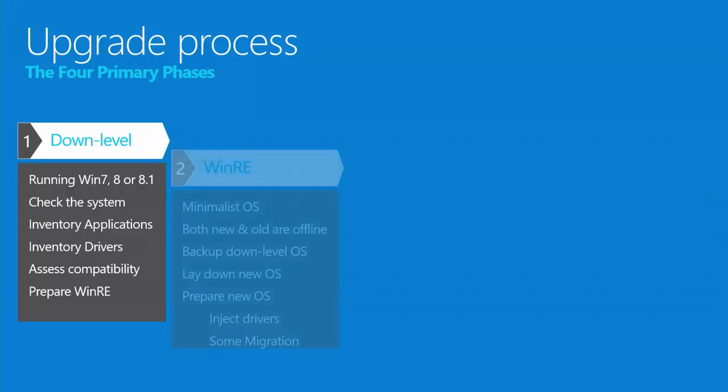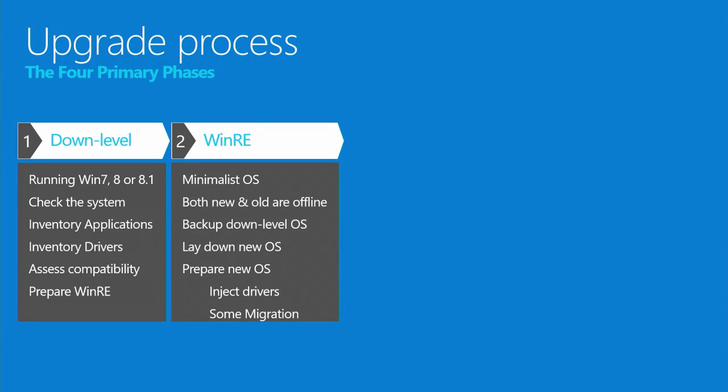Once we've verified that everything is okay, that the image is in place, that we have the drivers and the updates that we need that we pulled from Windows Update, we can then prepare Windows RE and reboot into that new OS. So when we're in Windows RE, it is your standard Windows PE environment, not very big.